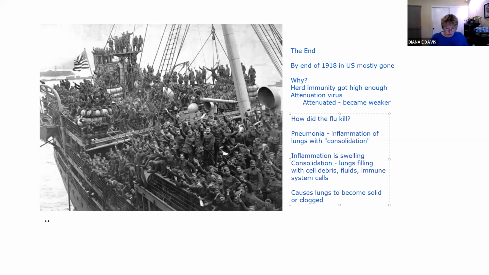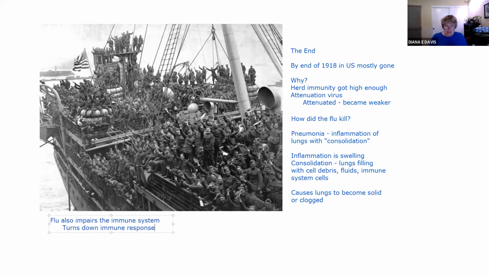But flu also impairs the immune system. So it kind of turns down the immune response. Lots of viruses have this ability to turn down the immune response. It's pretty common in disease-causing viruses.